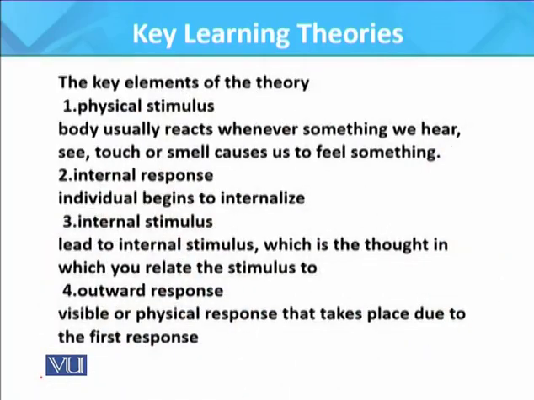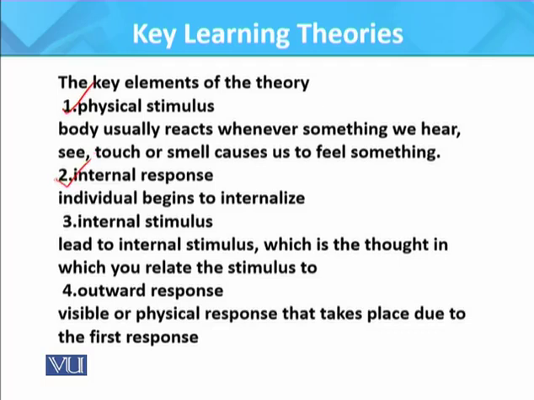The key elements of the theory are: number one, physical stimulus. The physical stimulus refers to what the body usually reacts to, which means that whenever we hear something or we touch or smell, it basically causes a certain physical reaction. Second is internal response.